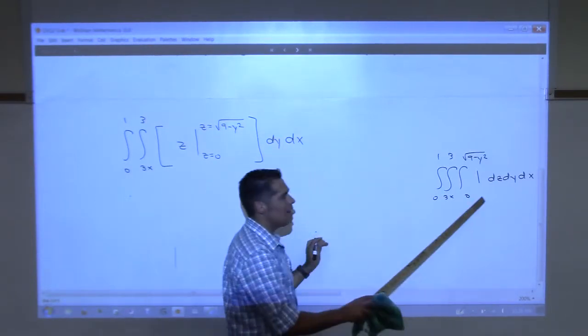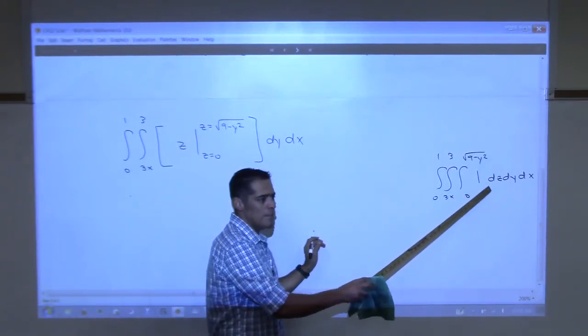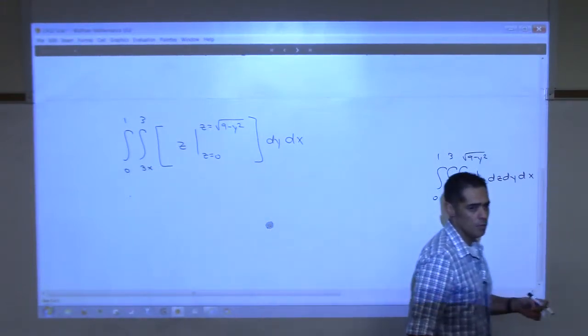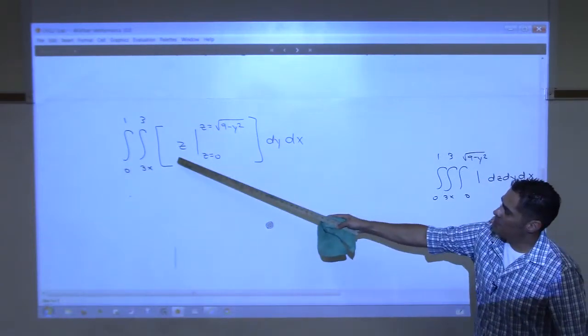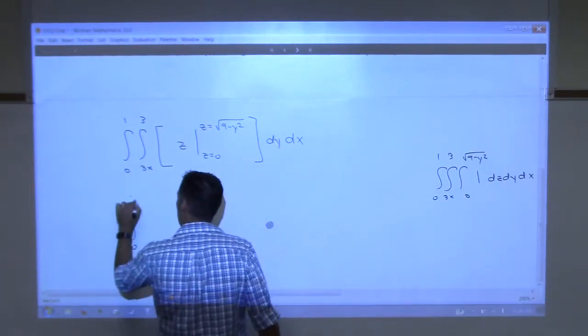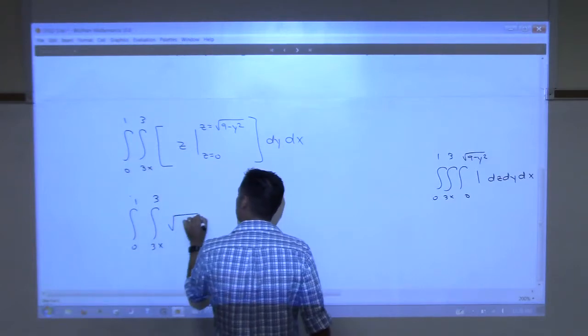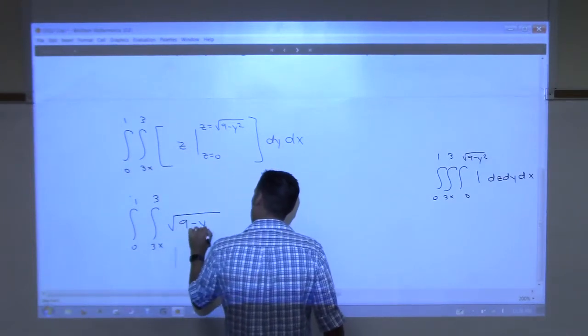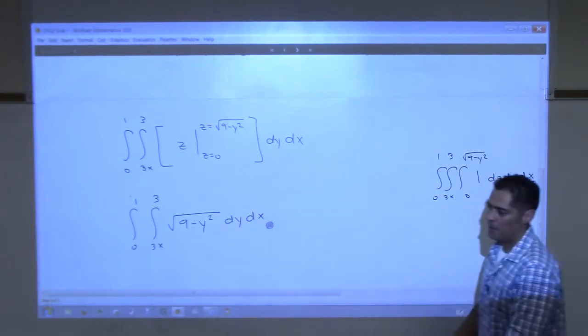Were there any questions on where I came up with this? That's the same region, except we're integrating 1 because we want to know that region's volume. So we plug in this for z and then 0, and all that turns out to be is the integral from 0 to 1, the integral from 3x to 3, of square root of 9 minus y squared dy dx.